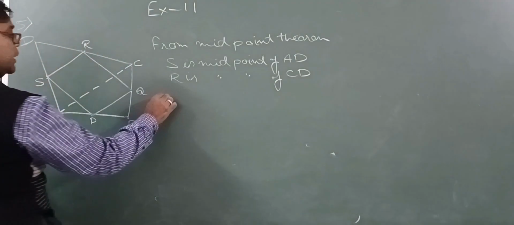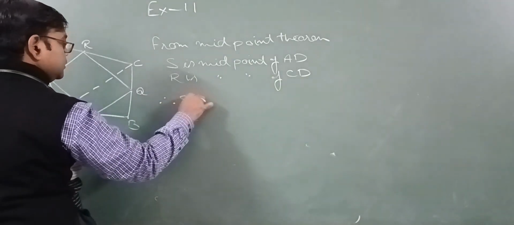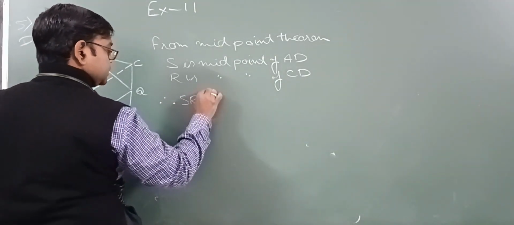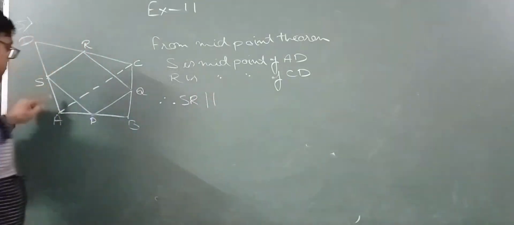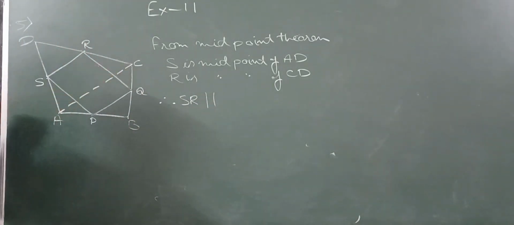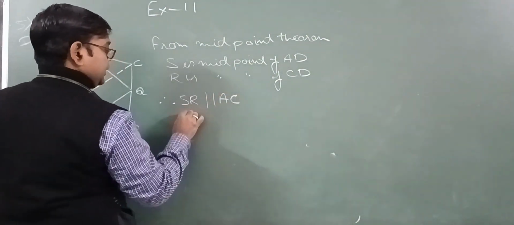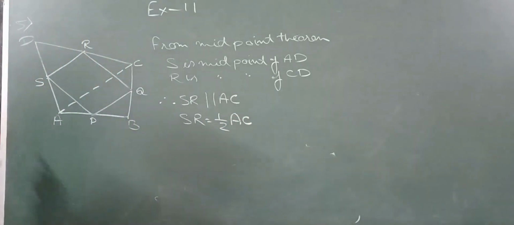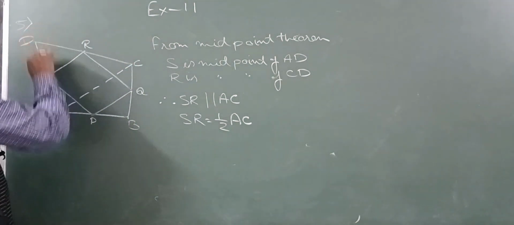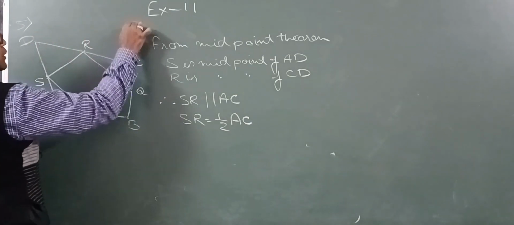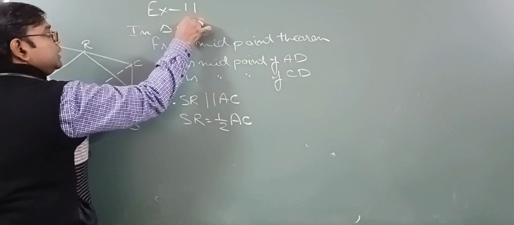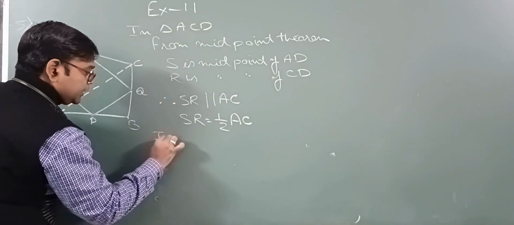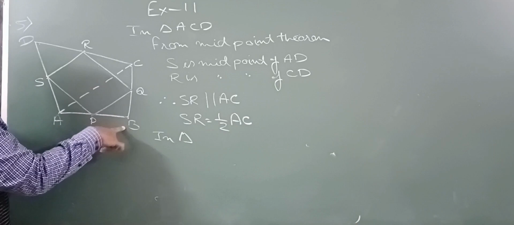So we can say that SR is parallel to this base AC, and SR equals half of AC. This is from midpoint theorem. And this is the case of triangle ACD. Now in triangle, see the next one, ABC.